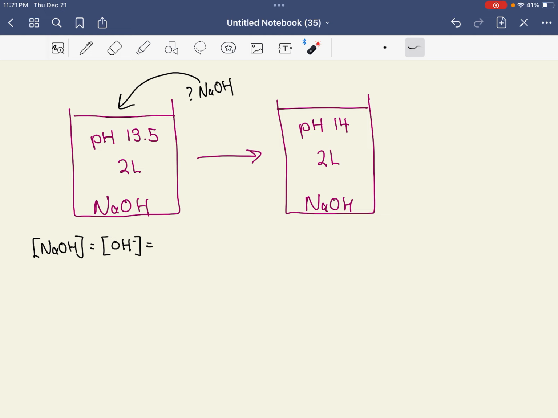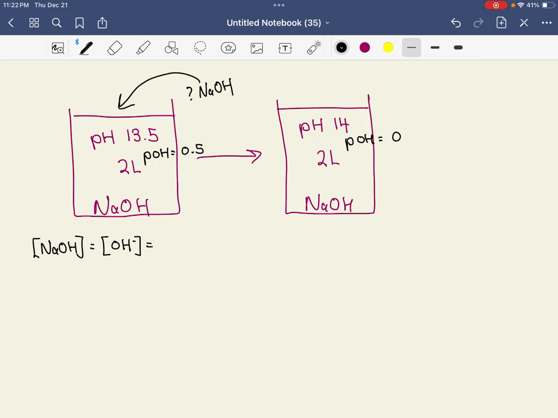So let's find the pOH first. Okay, so pOH is going to be 14 minus 13.5, so that is 0.5. Right here, pOH is 14 minus 14, so it's going to be 0.